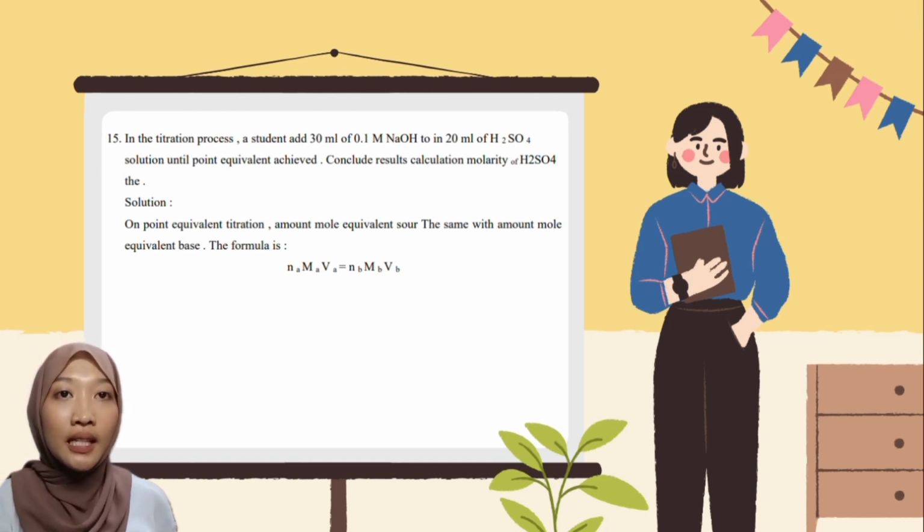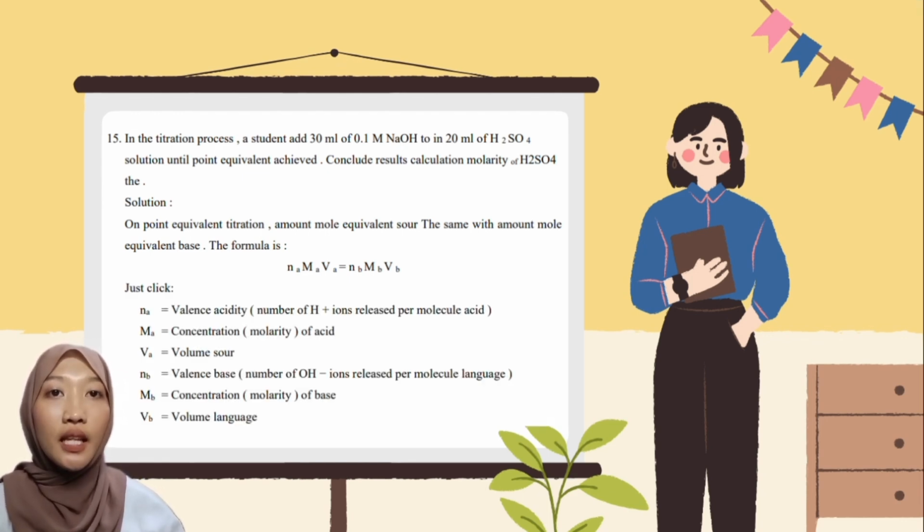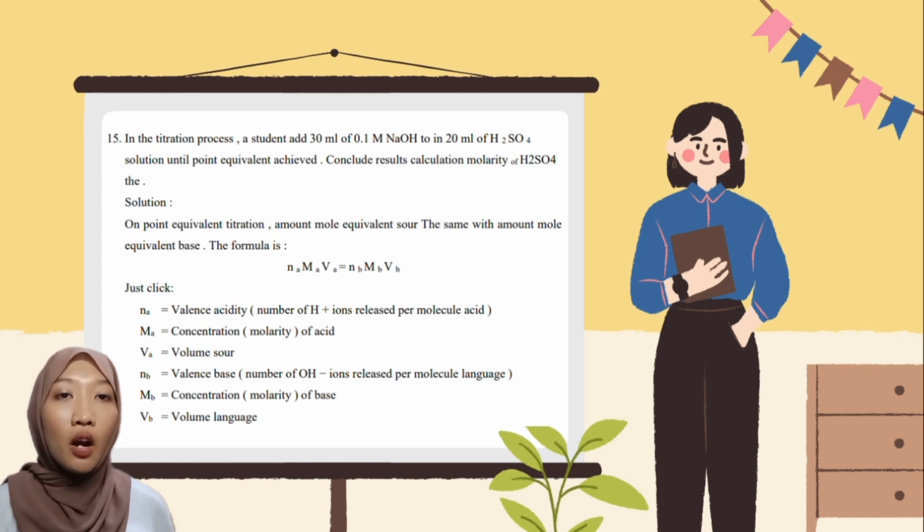The formula is Na multiply Ma multiply Va equals Nb multiply Mb multiply Vb. Here Na is the valence of the acid, or number of H plus ions released per molecule of acid.